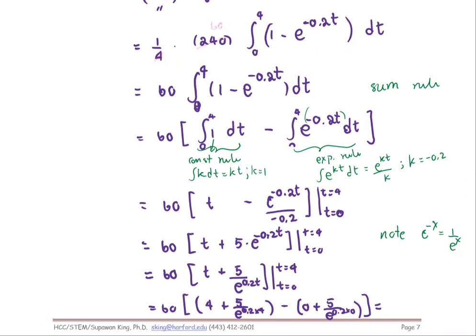That's very convenient. Recall this value equals e to the power 0, which is 1, and this value is e to the power 0.8. Then in the calculator, we should see the number 74.7986.